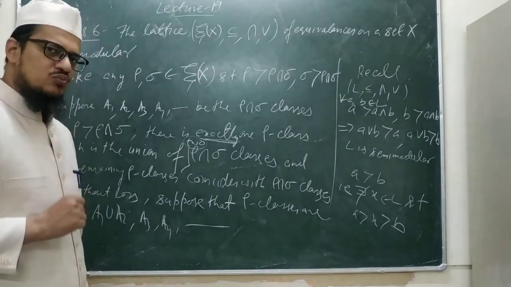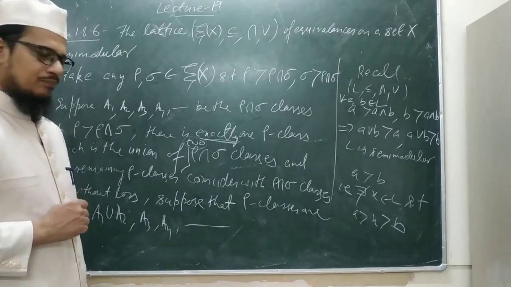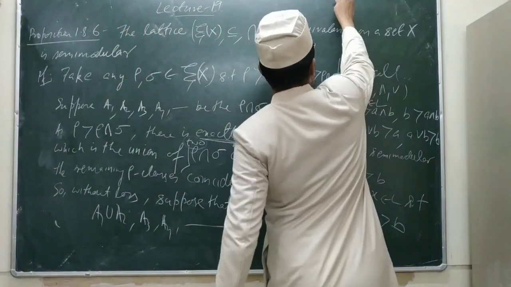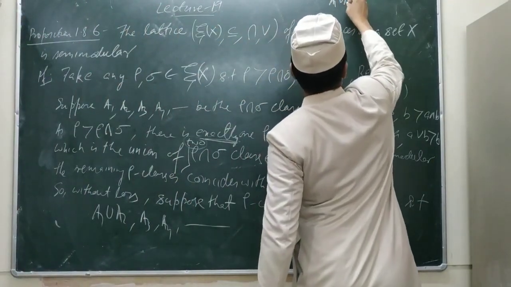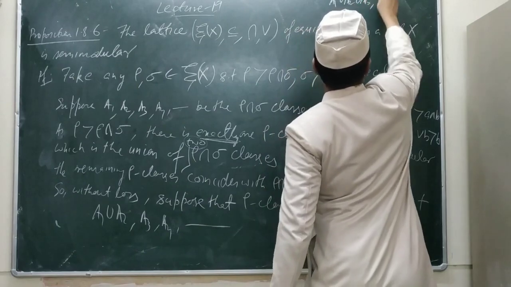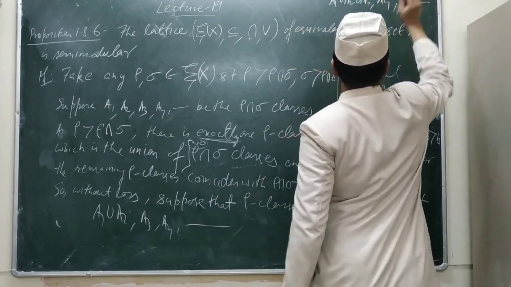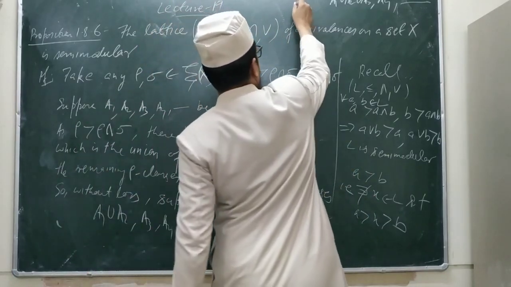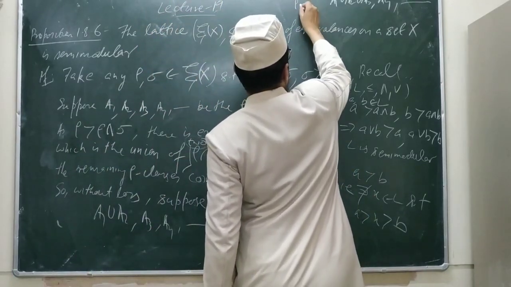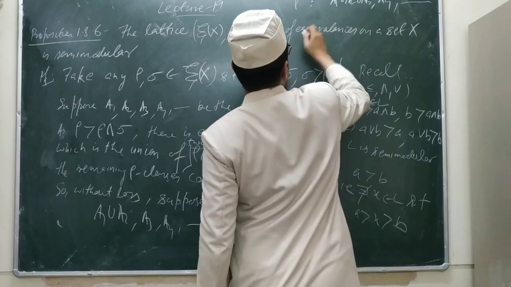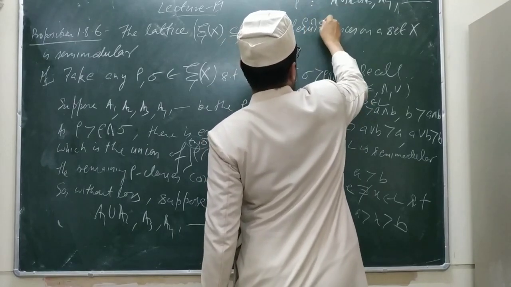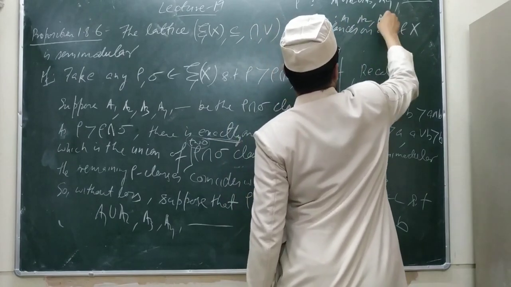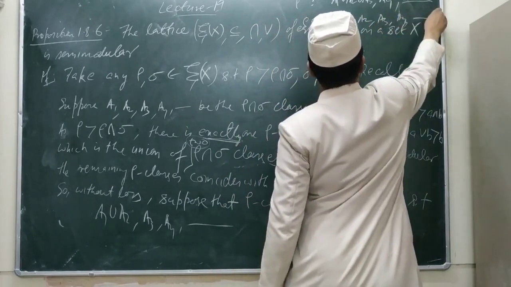For example, if you assume three, then what happens? For example, A1 union A2 union A3, comma A4 and so on. If you assume this is the rho class, and this is the rho intersection sigma class A1, A2, A3, A4, correct?